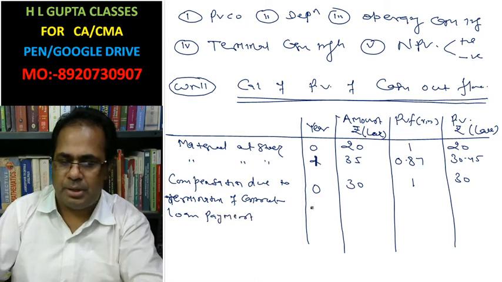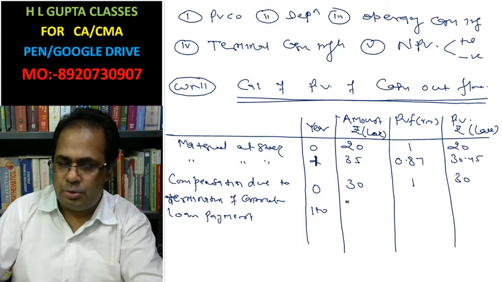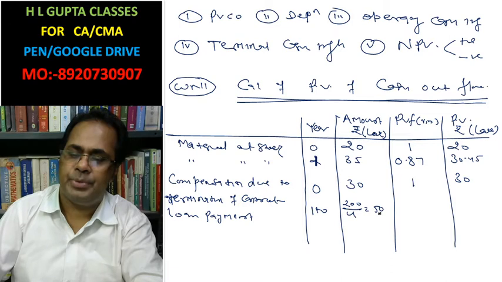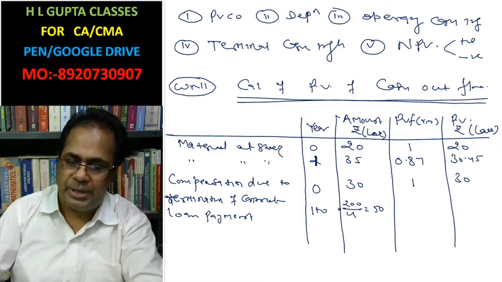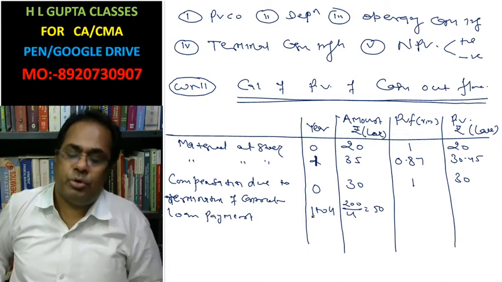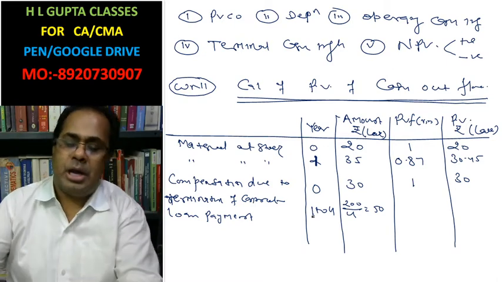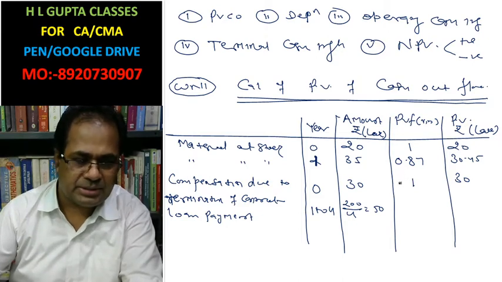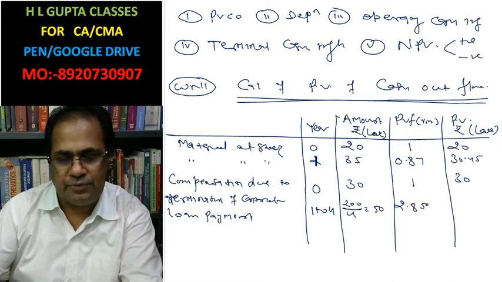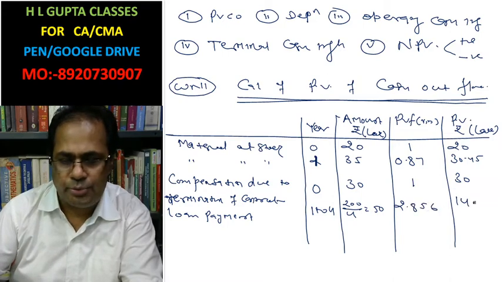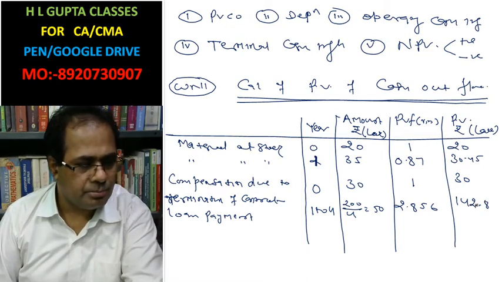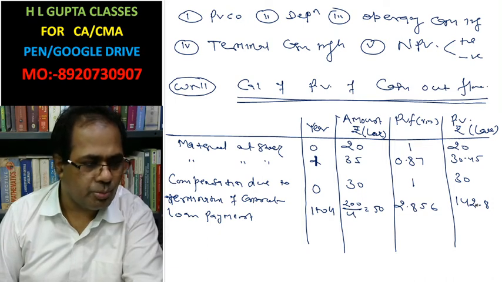Loan principal payment for years 1 to 4 is 200 lakhs in 4 parts, that equals 50, because you are going to pay over 4 years, each year 50 lakh. The present value factor for these 4 years is 2.856. So this is 142.8.